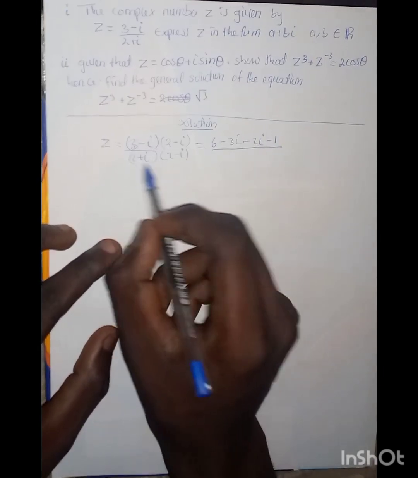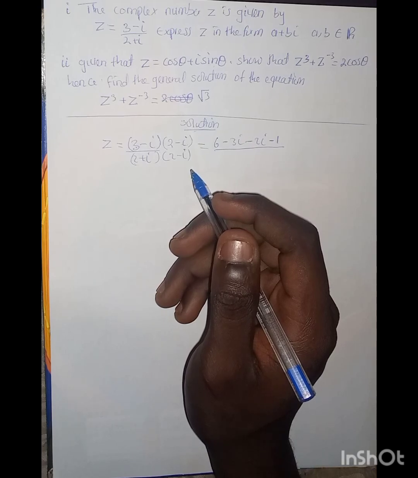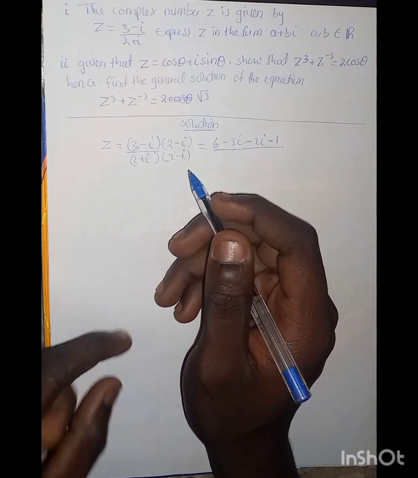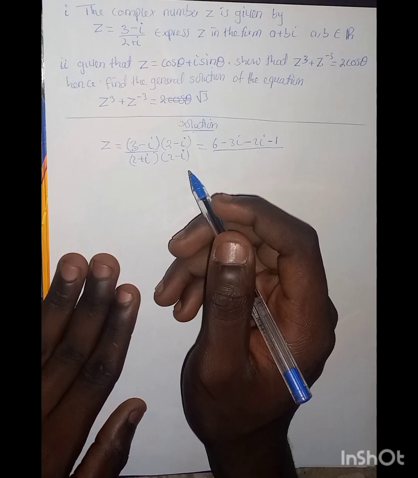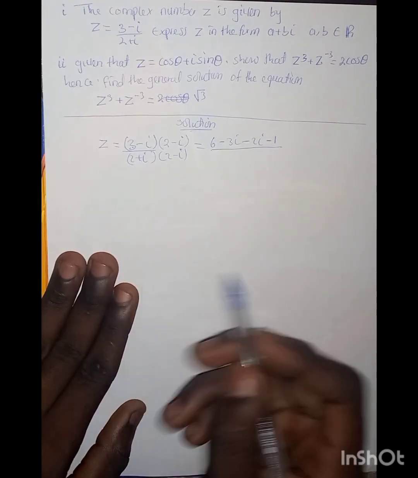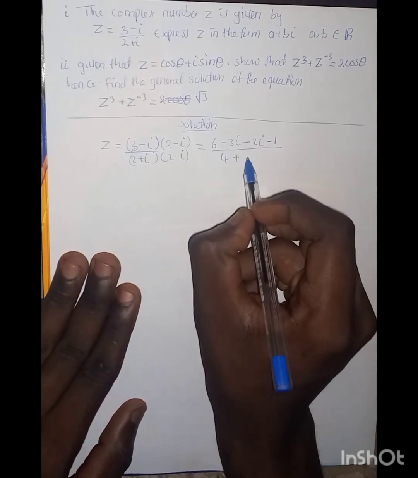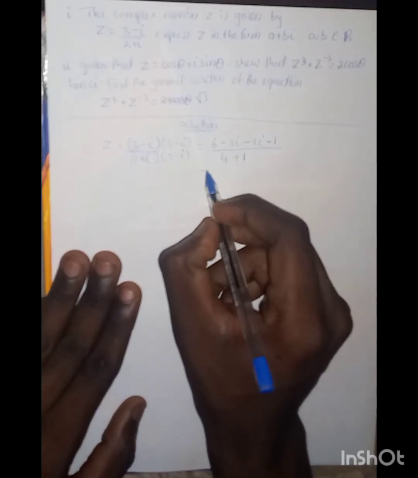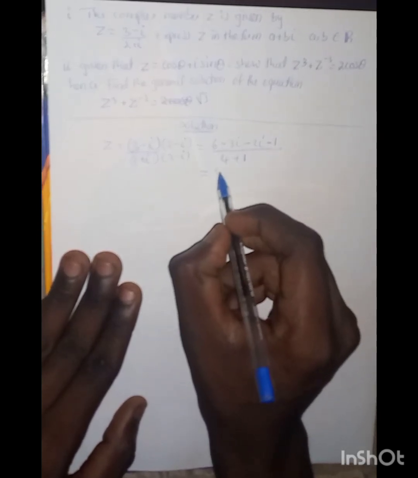There is a simplification for complex numbers which says that if you multiply a complex number and its conjugate, you just have the sum of squares. So I'm just going to have 2 squared, which is 4, plus 1 squared, which is 1. Simplifying the top, I have 6 minus 1, which is 5.